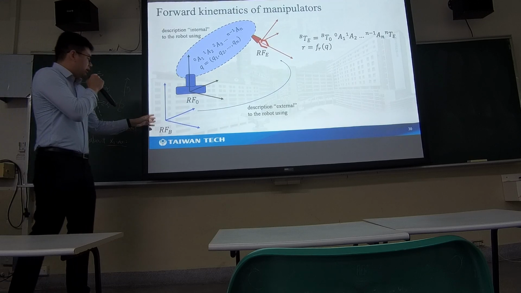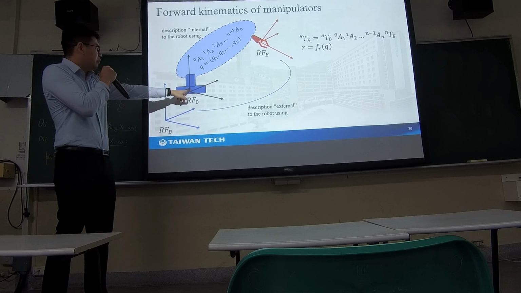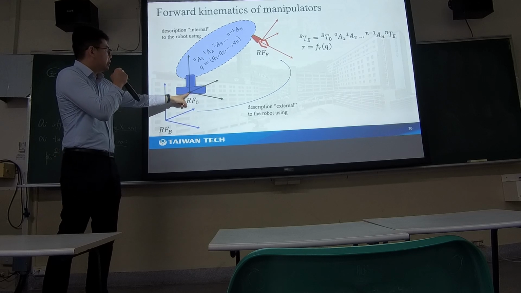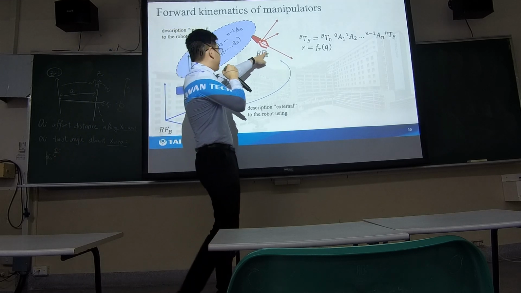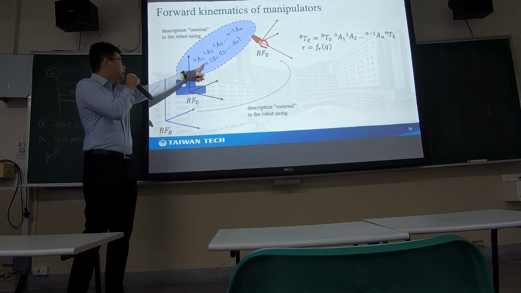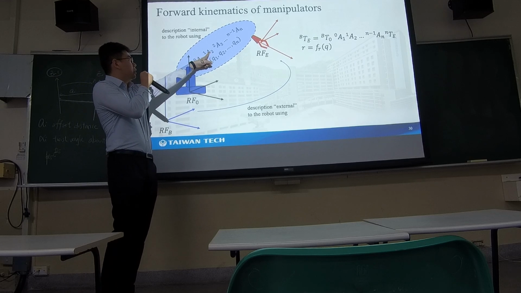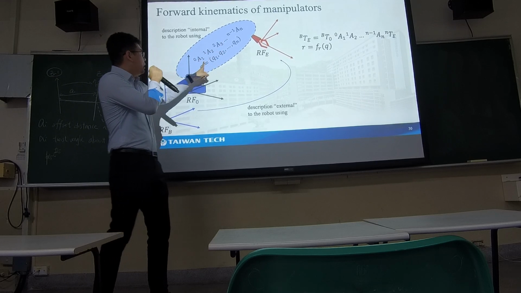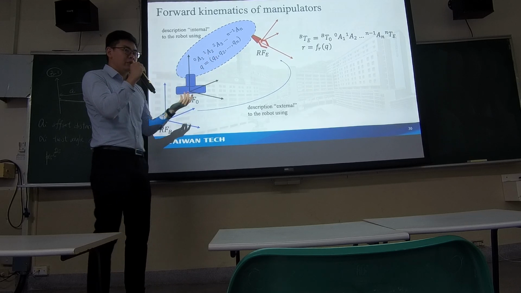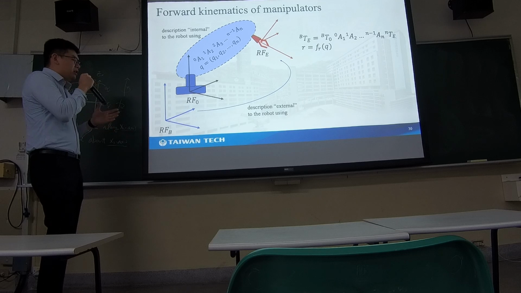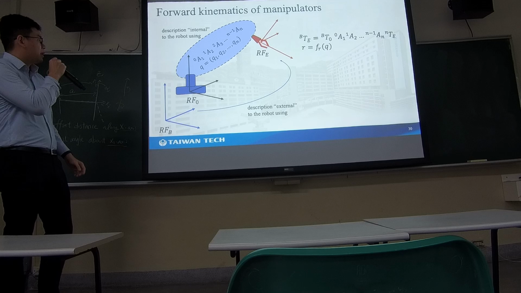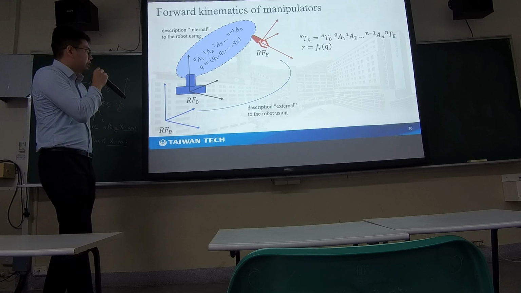And we can see this is the base, and if we set the frame here as the origin or 0, and this is the frame of the end effector. For the robot, you just multiply all the transformation matrices together, and then q is the input angle or the input translation distance of the prismatic joint.